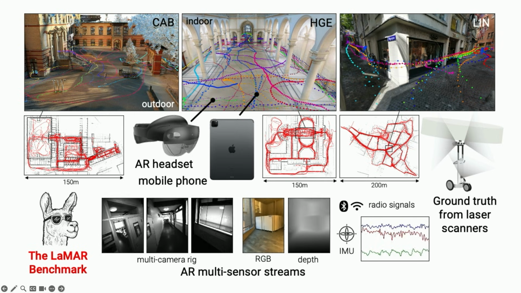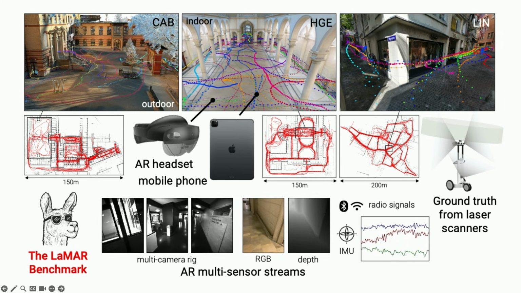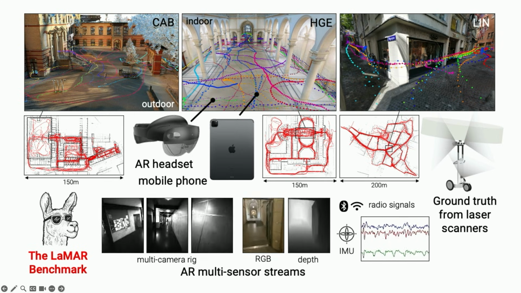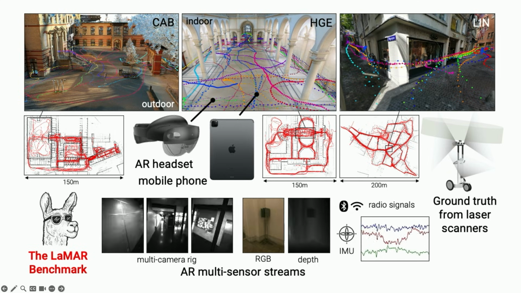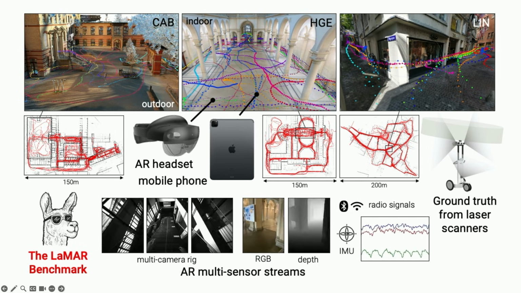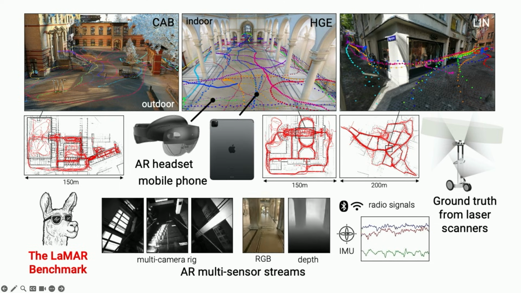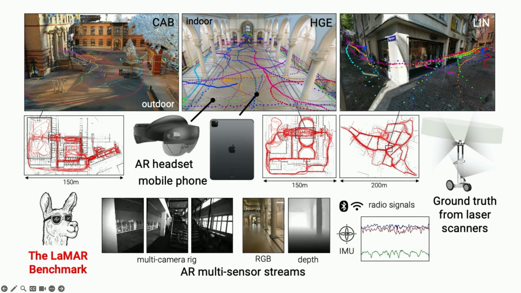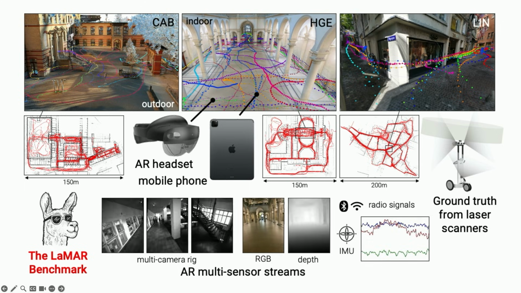So motivated by all these challenges, back 3 years ago at ICCV 2022, also from our lab, our colleagues Paul-Edouard and Mihai collected the LaMAria dataset, which consists of 3 main places: an office building, a university building, and an old city center.